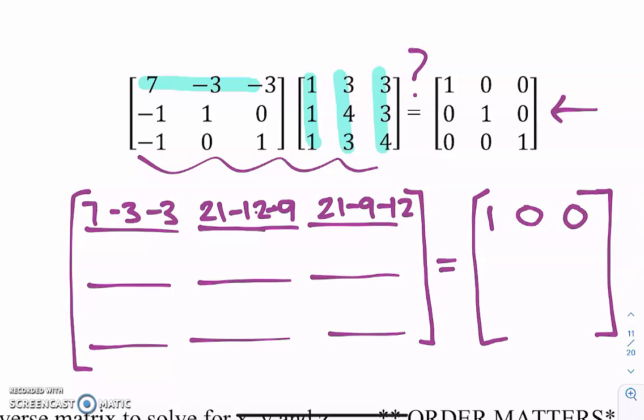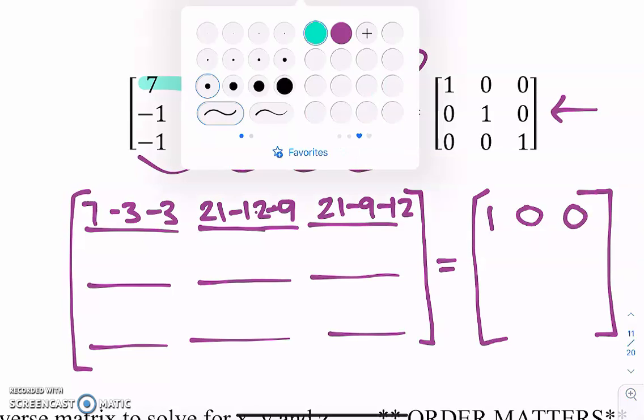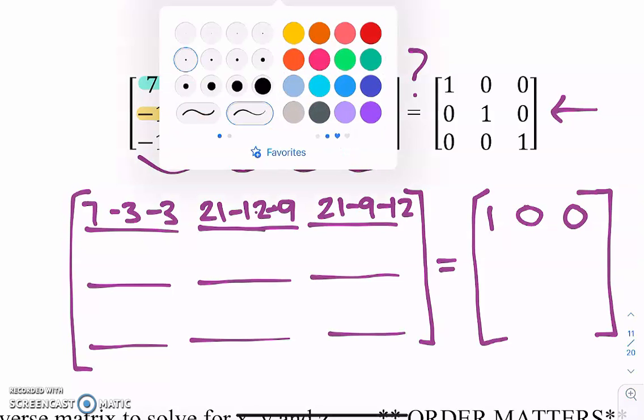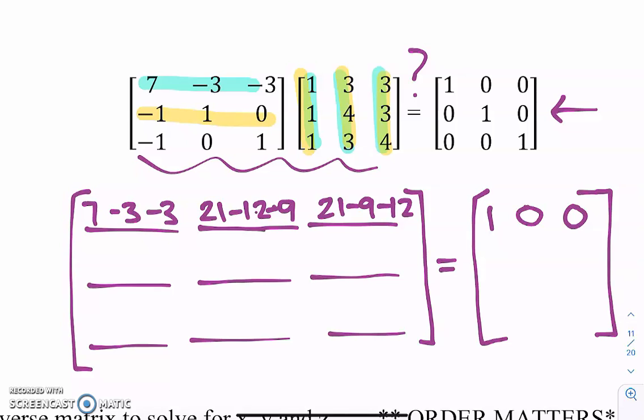So that one, so far so good. Let's check your next row and your 3 columns. Negative 1 times 1, negative 1. 1 times 1 is 1. 0 times 1 is 0. Negative 1 times 3, negative 3. 1 times 4 is 4. 0 times 3 is 0.